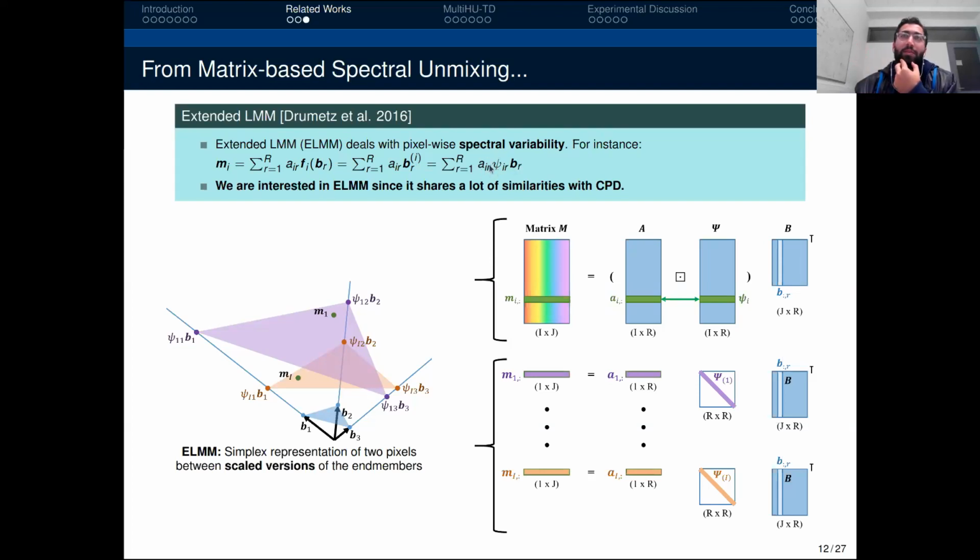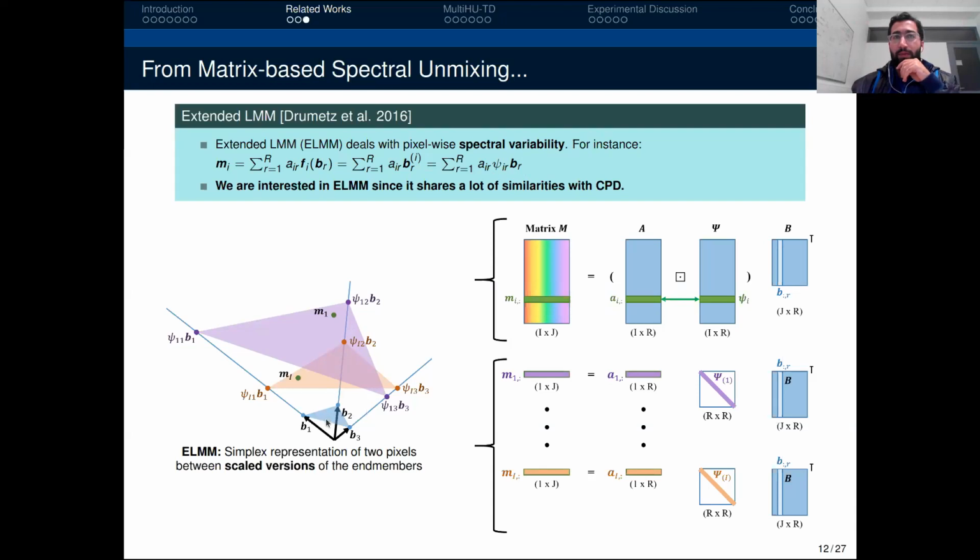This is a degree of freedom imposed for each pixel as well as for each endmember, so it's a lot of degrees of freedom. And this psi is what makes each pixel have its own simplex that moves around the endmembers.